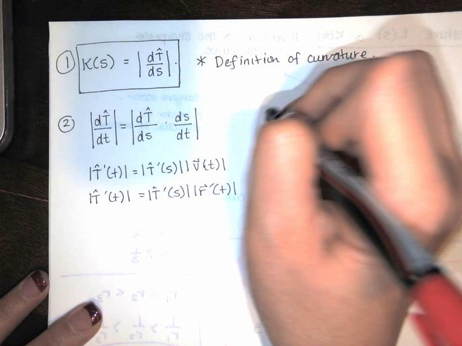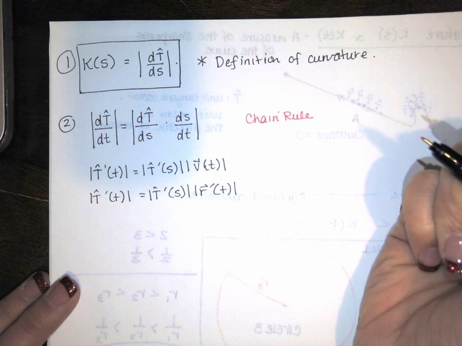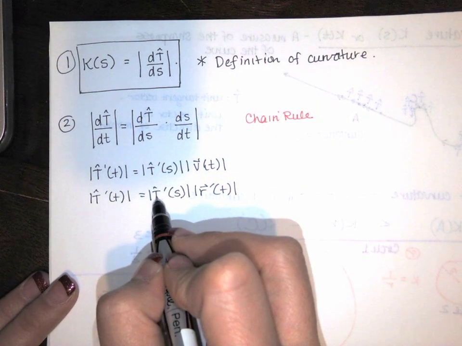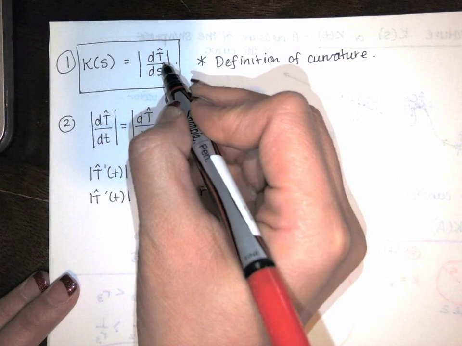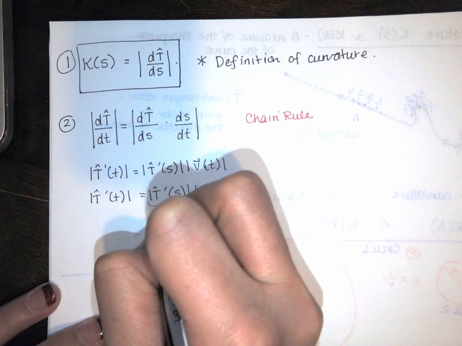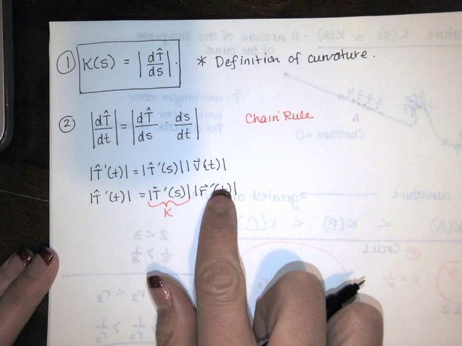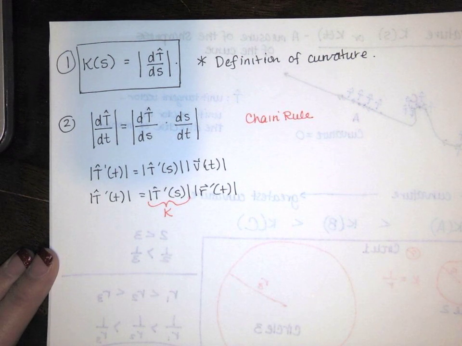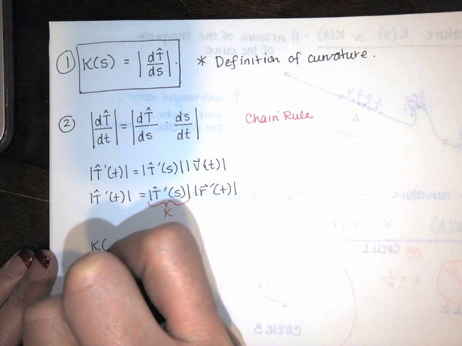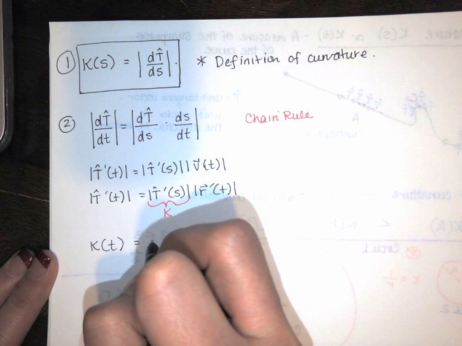So this all just comes from the chain rule. Now, the derivative of t hat with respect to the arc length parameter, that right there is the definition of curvature. So that's curvature right here. If I want to get curvature by itself, I just divide both sides by this guy. So now I've got curvature as a function of time. It's this divided by that.